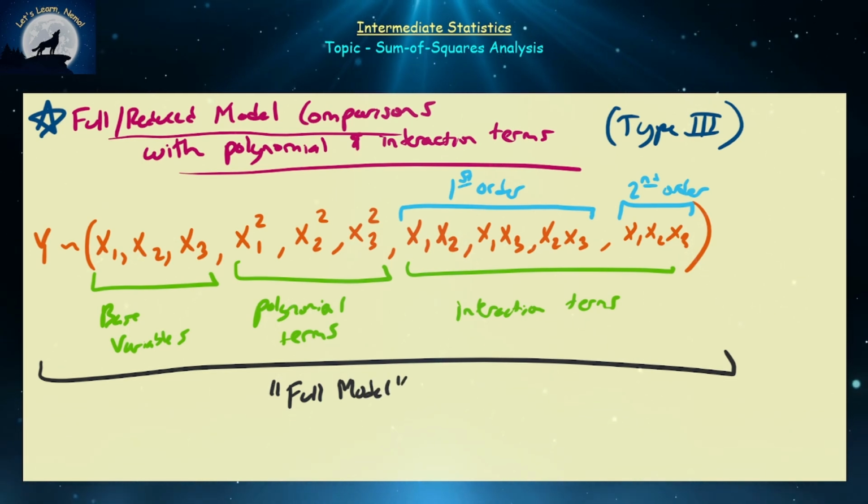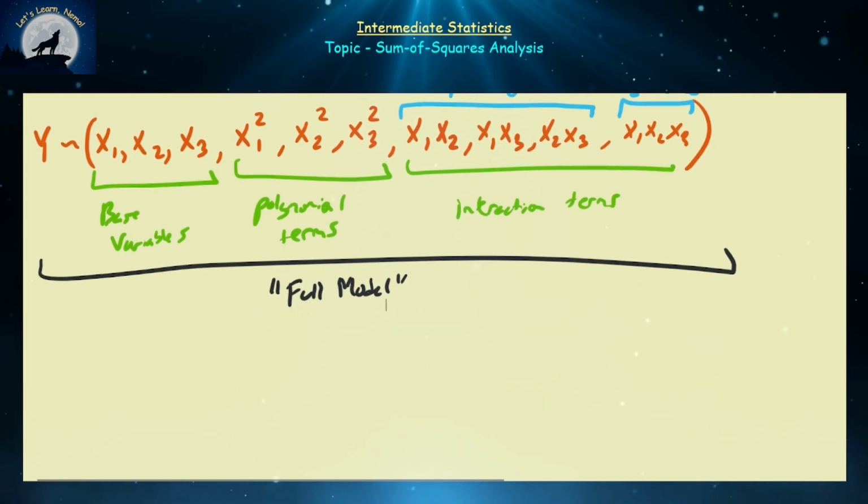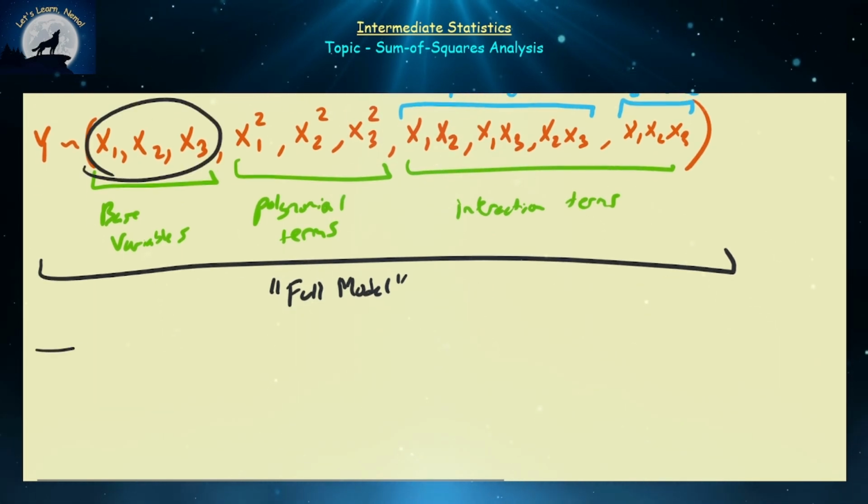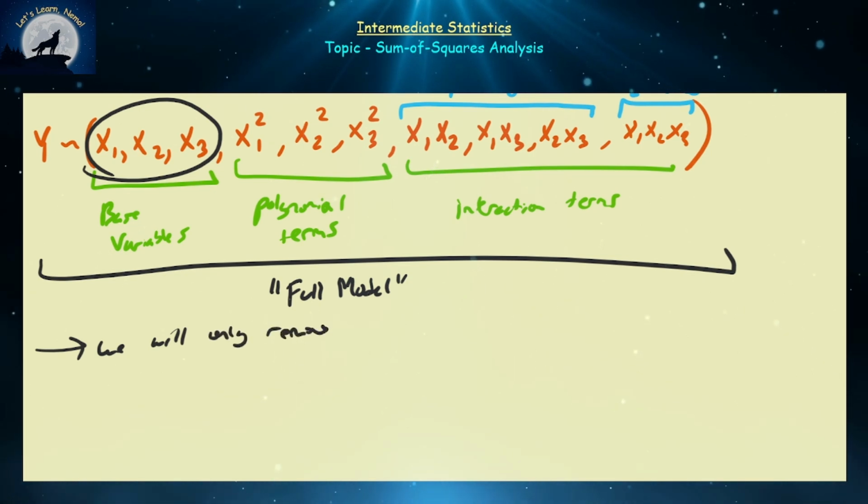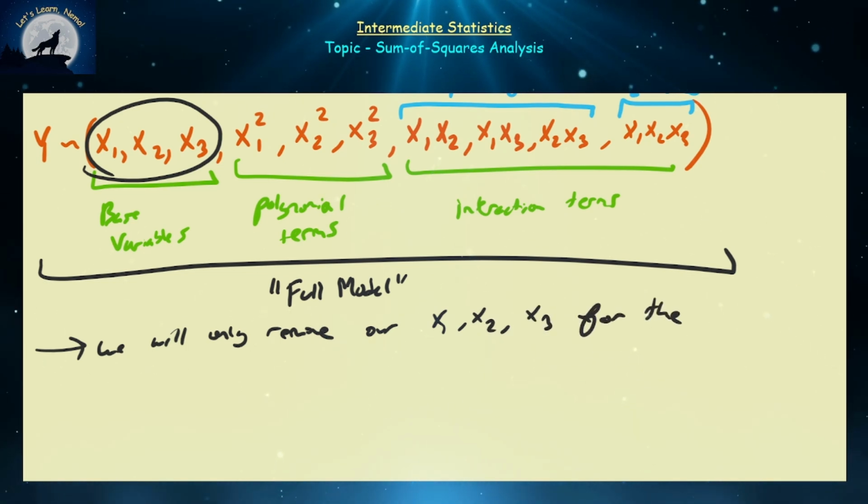And what we're going to do is only remove our base variables. So we will only remove our x1, x2, and x3 for the reduced, quote-unquote, models. All right.